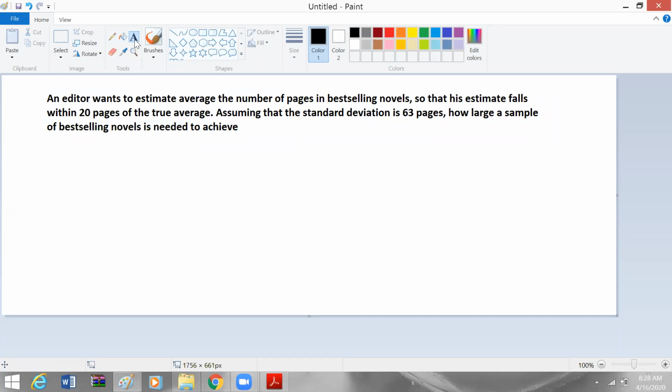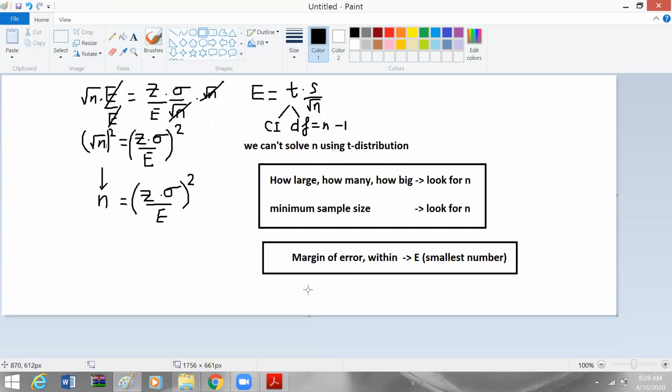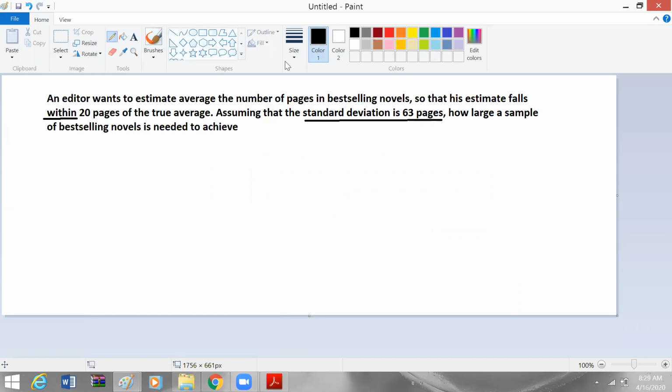The question gives the standard deviation equal to 63 pages, and we also have the word within. The keyword within also represents the error, so going back to what I said earlier, whenever you see the keyword within, that would be the error bound. So we're going to put this down as the error bound.